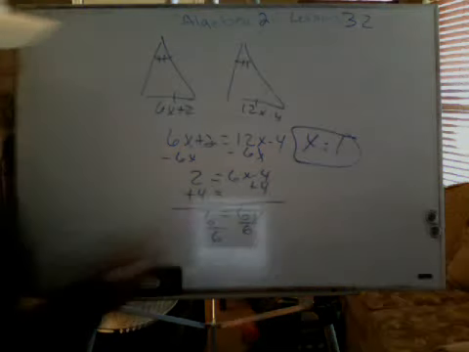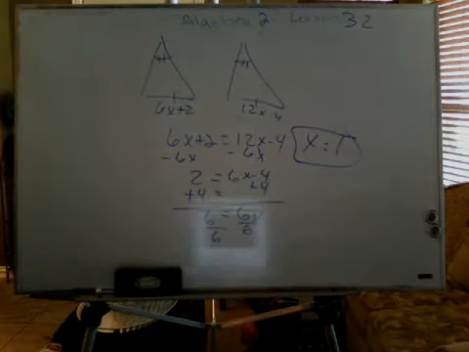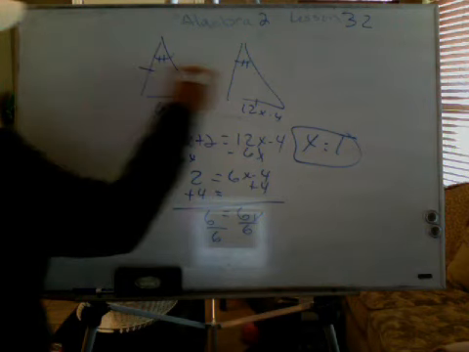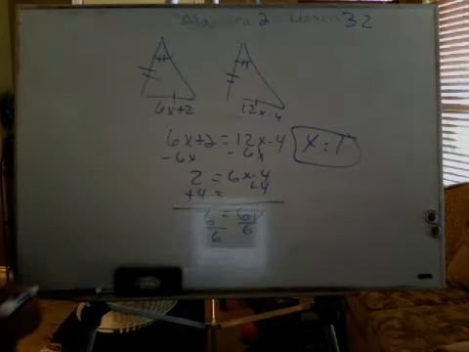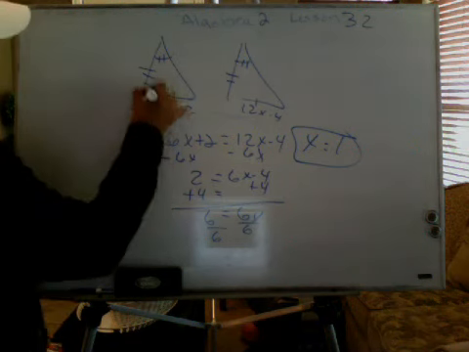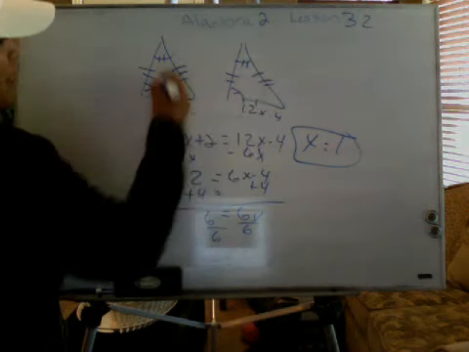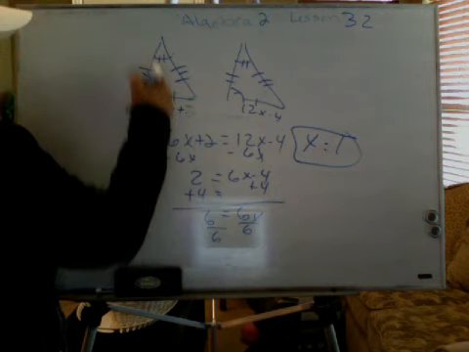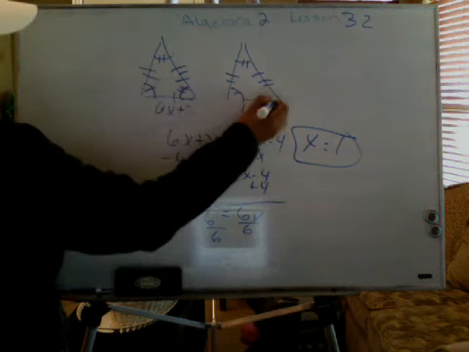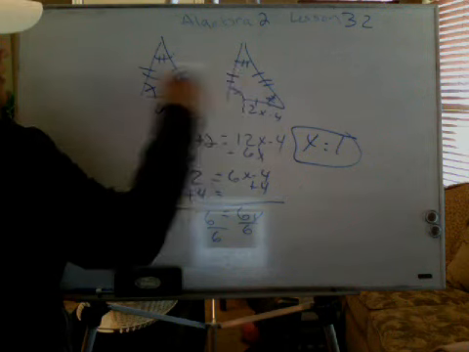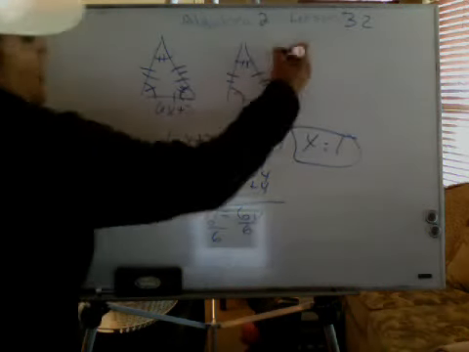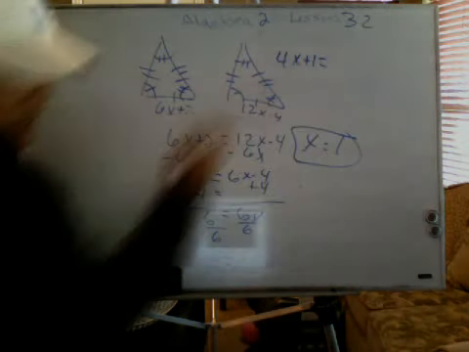So if x is equal to 1, we found x, now we're going to find p. We know that these two angles are equal, so the corresponding angles are equal. If two angles are equal, then the third one is also equal. Therefore this side is equal to this side, and you've got 4x plus 1 equal to 6.